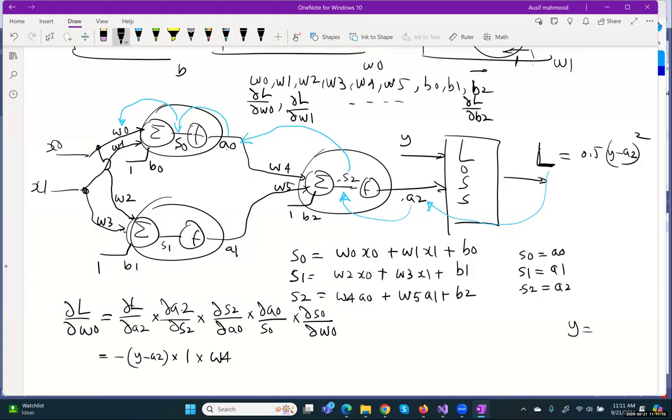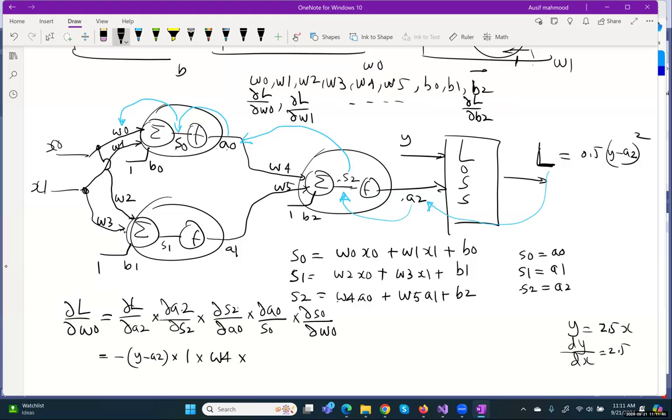If I gave you y equal to 2.5x, what is dy over dx? 2.5, right? So when I say S2 over A0, remember W4 is a number. It was initialized randomly. Could be 2.4 or 2.5 as an example. So that's why partial S2 over partial A0 is simply W4, okay?